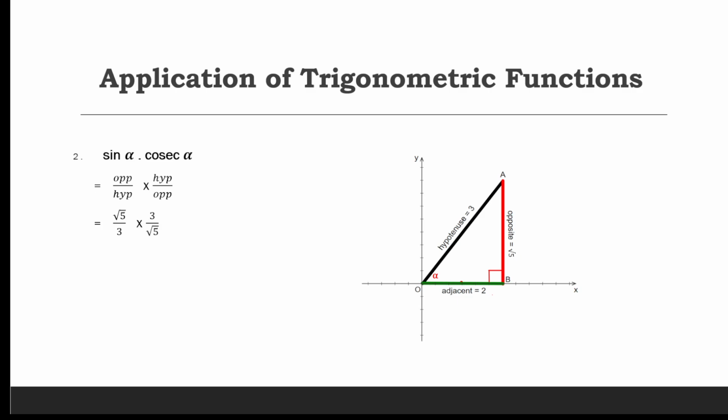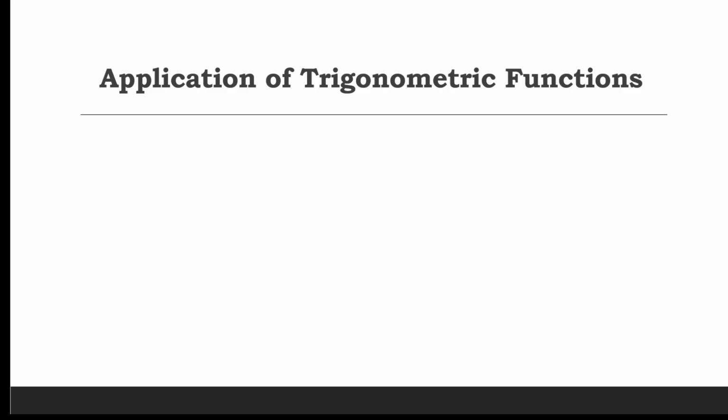Substituting the values, the opposite is root 5, hypotenuse is 3, so sin alpha would be root 5 over 3, and cosec alpha would be 3 over root 5. When we multiply the 2, we get 3 root 5 divided by 3 root 5, and that yields a 1. And again, we know that sin alpha and cosec alpha are reciprocals, so their product will always yield a 1.